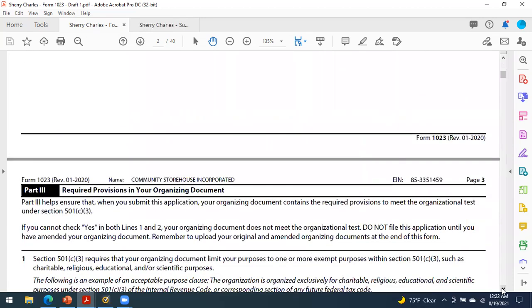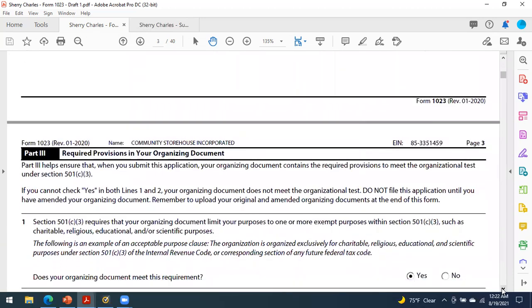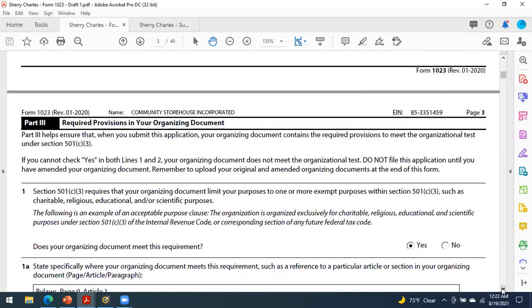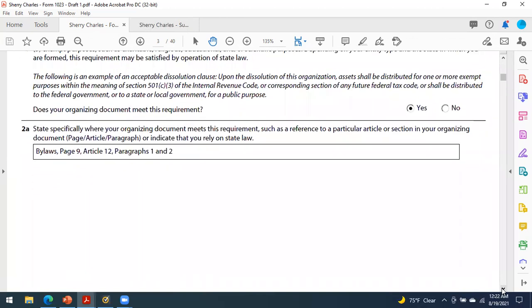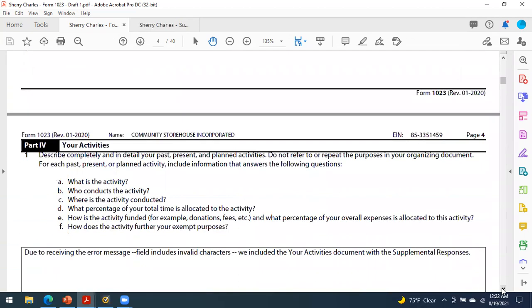I'm not going to, of course, go through this line by line. And then Part 3, required provisions in your organizing document. So I had to complete that information. You can already tell that this is much more detailed information than what the 1023-EZ required, right? Your activities.